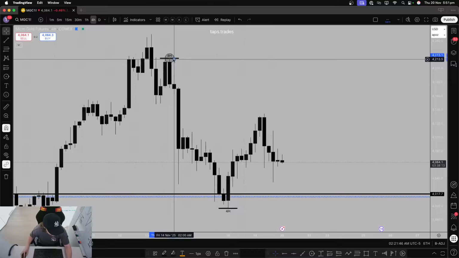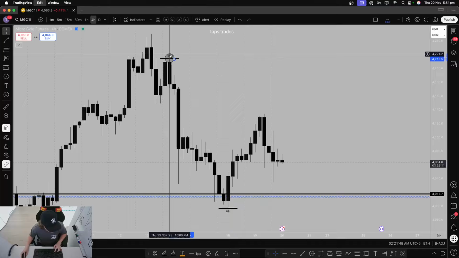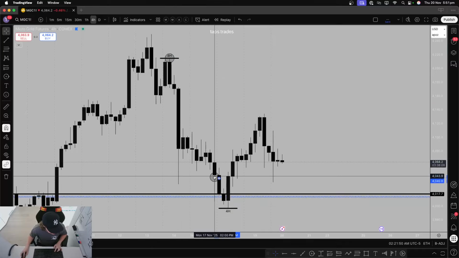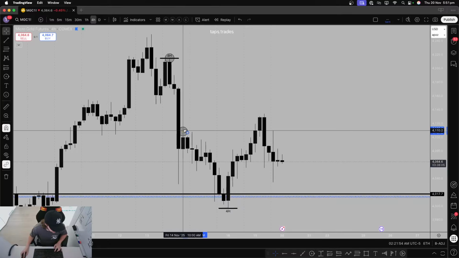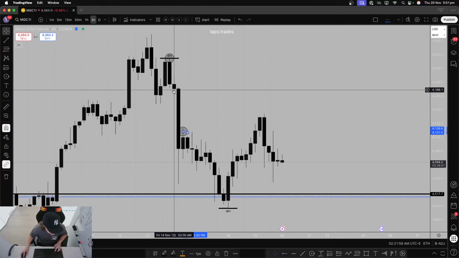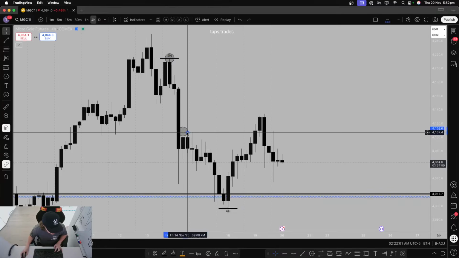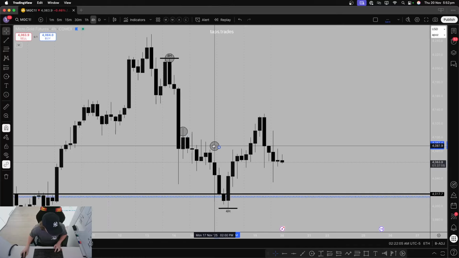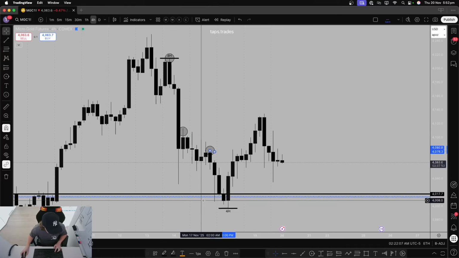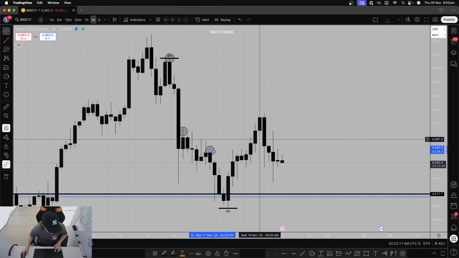There's a lower low here, another lower low, and a lower high here, a lower high here, and another lower high right here. So this is yesterday, this area here.